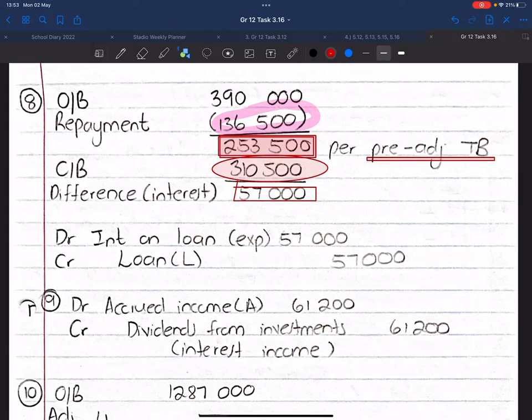So that's what you would currently have as your opening balance in your statement of financial position, and this is what the closing balance should be. So your statement of financial position must reflect this closing balance, and in order to get there, we need to account for the interest, which is 57,000.